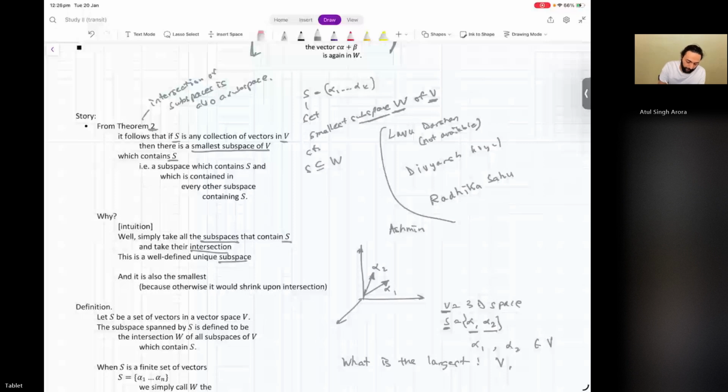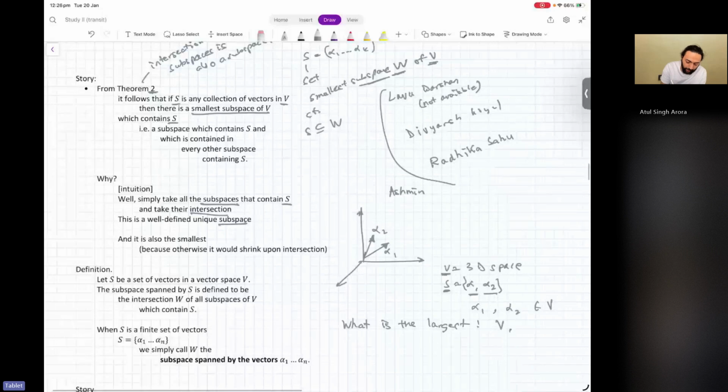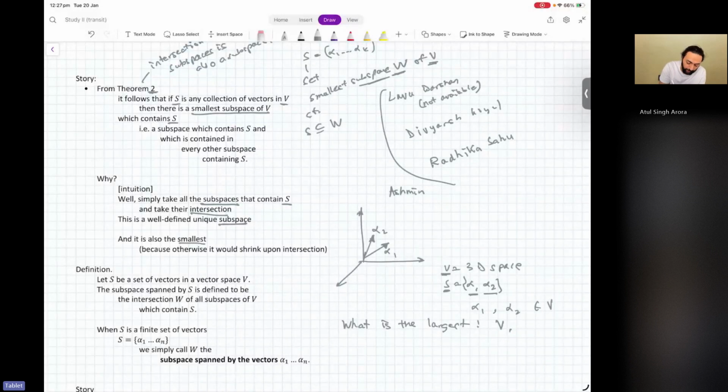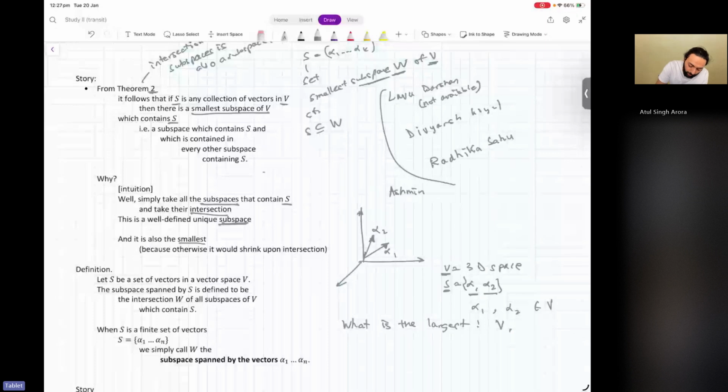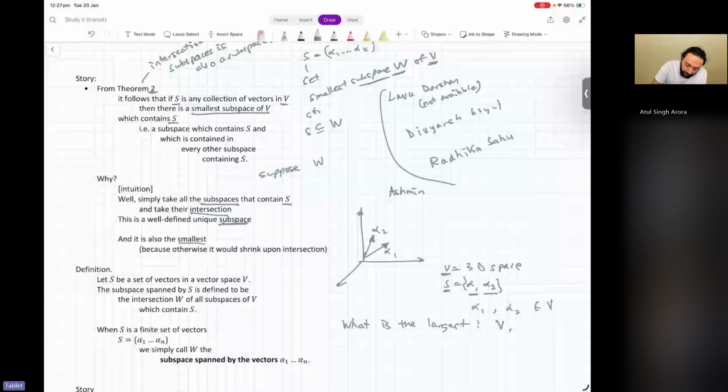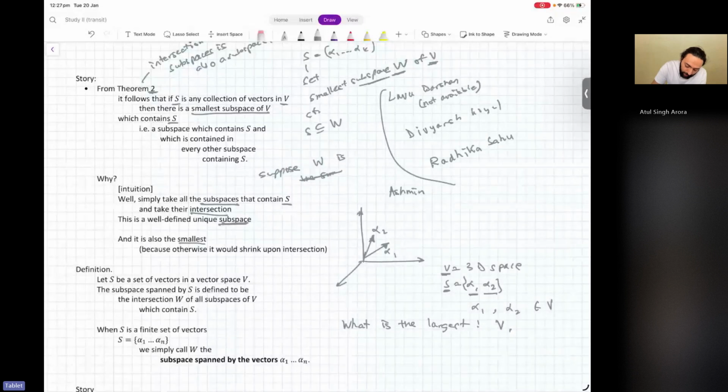Yes. And then finally, because it's a unique thing and nothing can be smaller than this, it must be the smallest, because if it was smaller, then the intersection with this new subspace would have made the unique subspace smaller. So let me say the following.